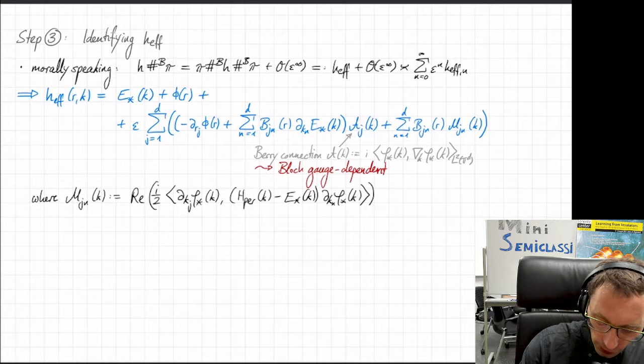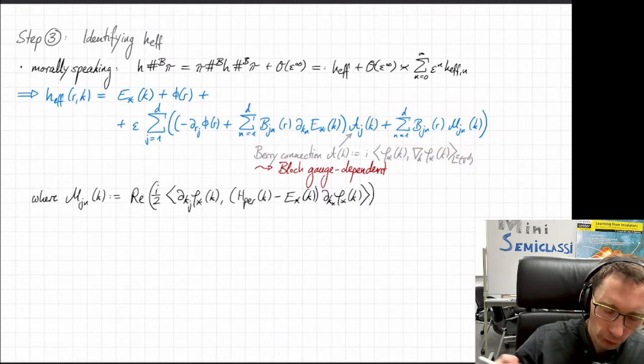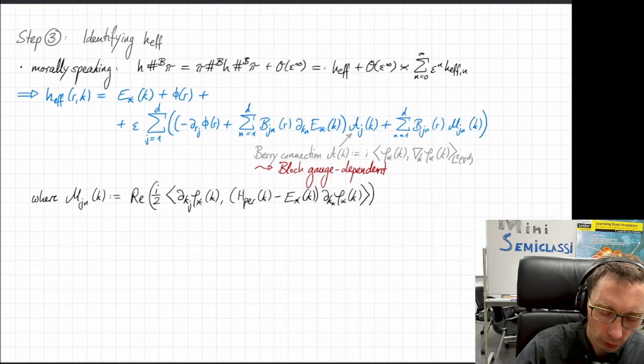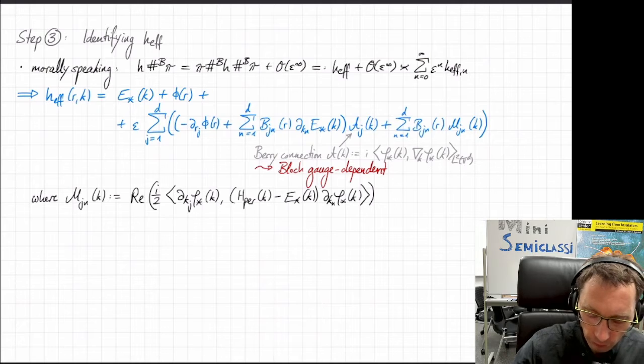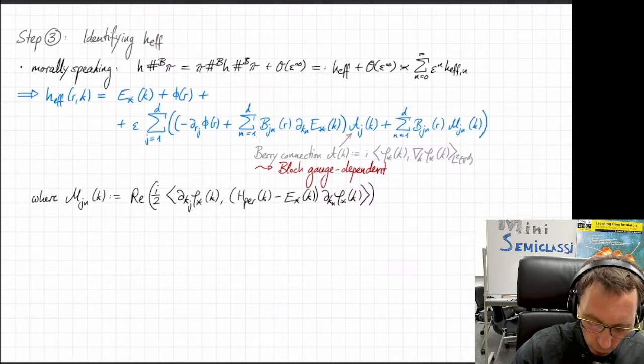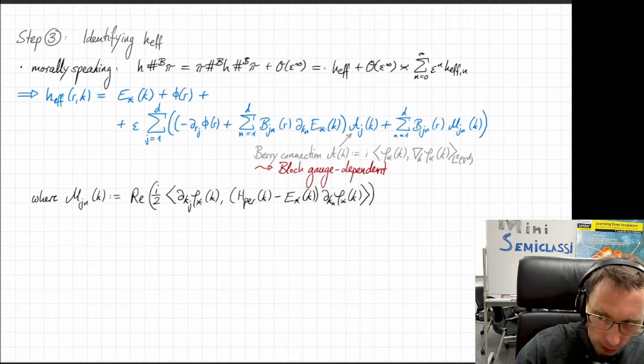And physicists like to think of this term as a sort of effective magnetization of the relevant band. So the point is just that you have an explicit equation, and what you do is you use a Duhamel argument.